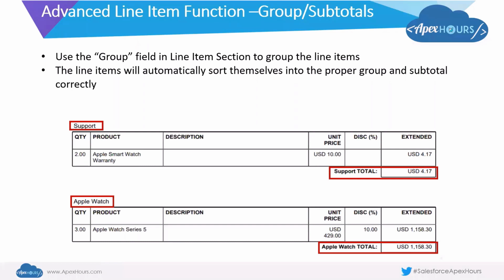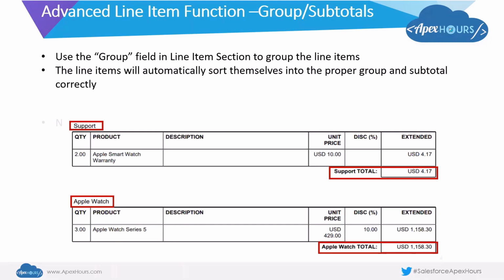So what has happened here is if my quote lines belong to support and Apple Watch product family, then they get split into two different tables based on the product family. If I have hardware and software, then we would have two more tables with my quote line items, categorized into those groups. And we would also see the subtotal information like it is here automatically.